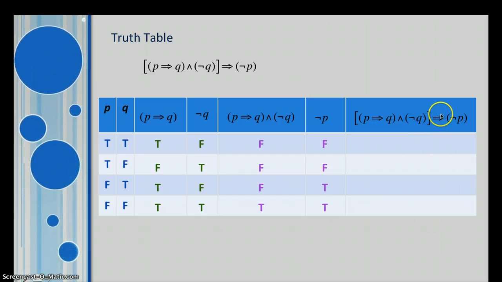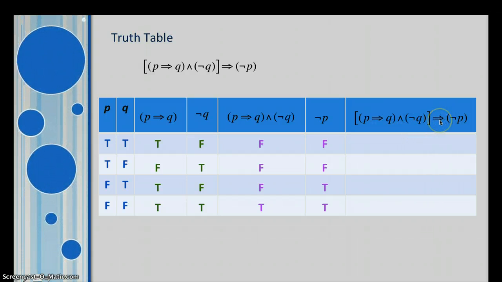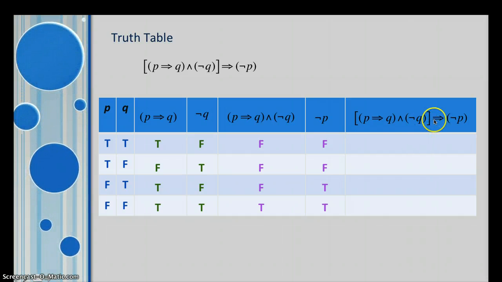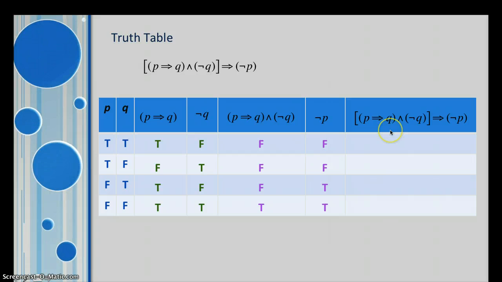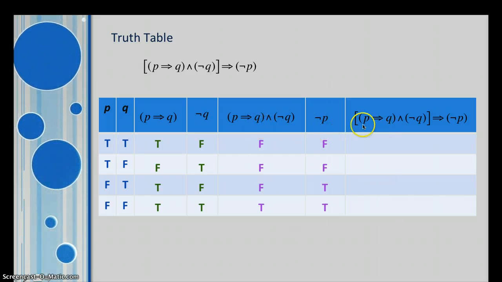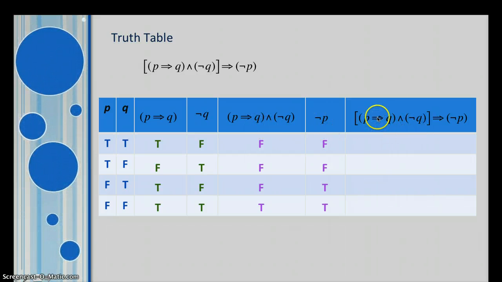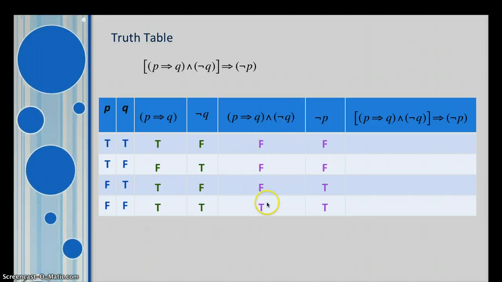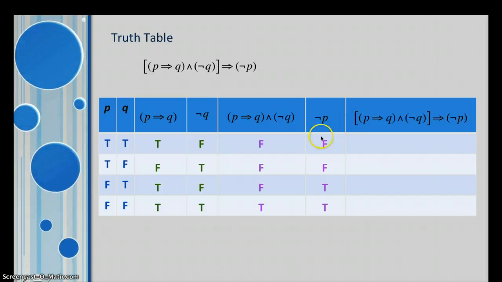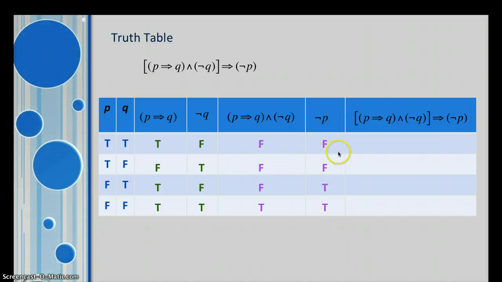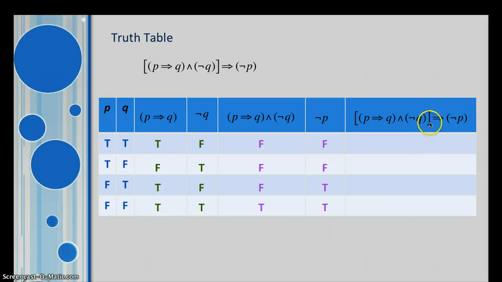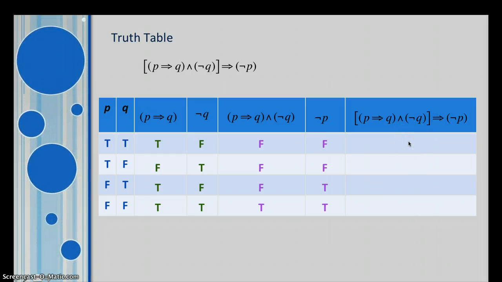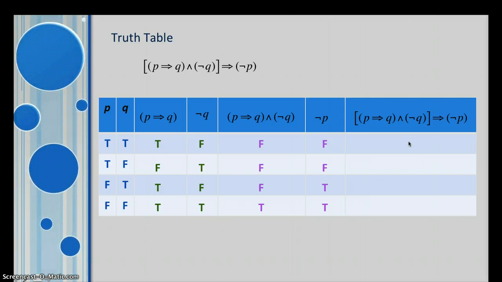Now to the last one. We are doing if-then because this is the one that we are trying to figure out. This symbol is this result, and then the negation of P is this result. So we're using the pink ones. For if-then or implication, false and false is true.